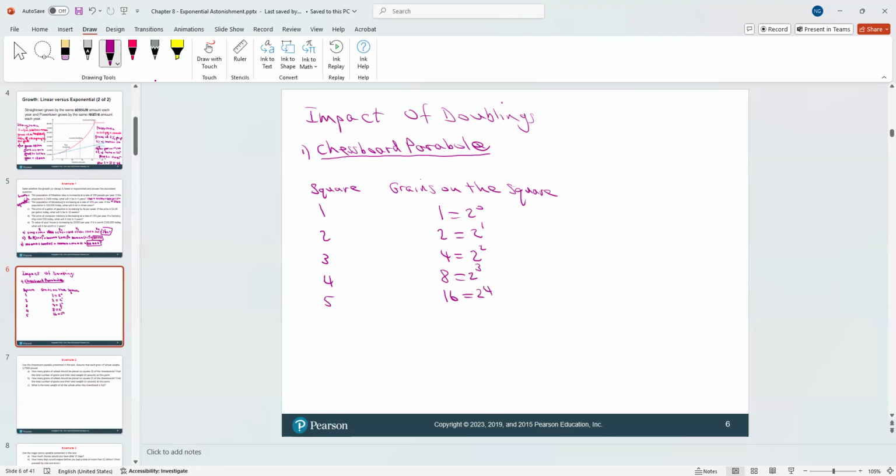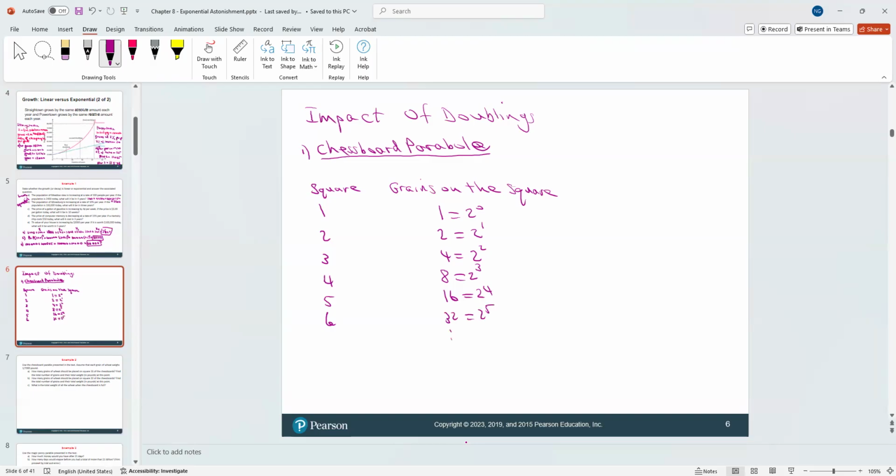If you continue that way, as you can see, the exponent is n-1, because when we are at the fifth square, you do 2 power 4. For the sixth, 32 would be 2 power 5, because we remove one.